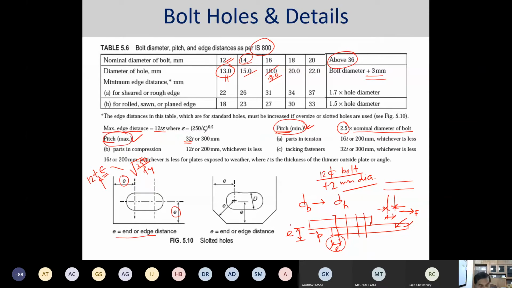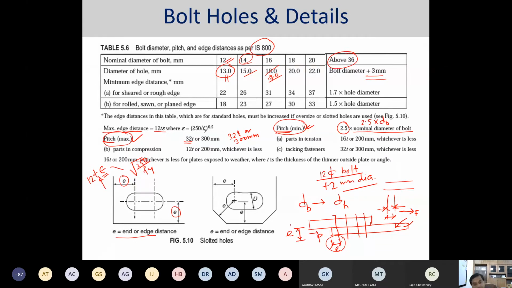The minimum pitch is 2.5 times the nominal diameter of the bolt, 2.5 dB, and the maximum pitch is 32T or 300 mm. However, in certain environments, like a corrosive environment, this pitch may differ. Also, the maximum or minimum edge distances given for other environments differ.